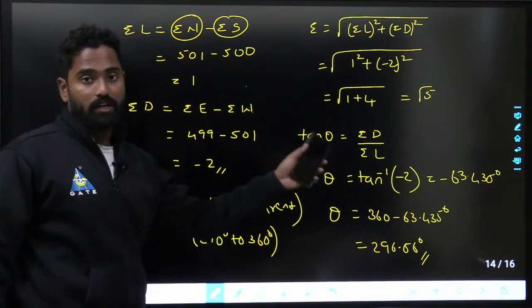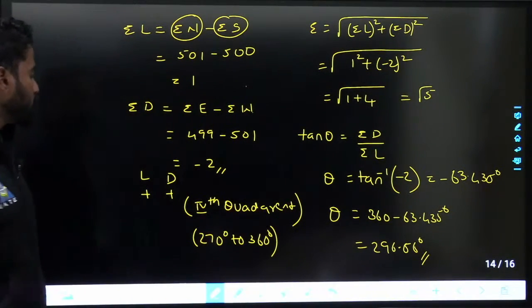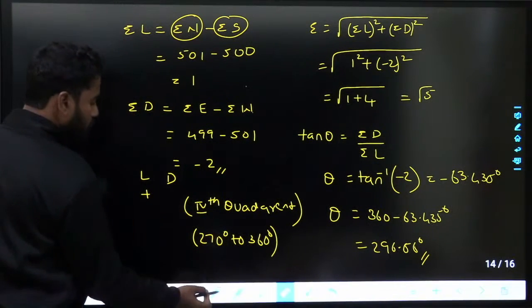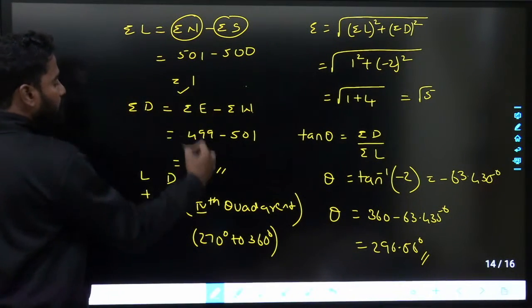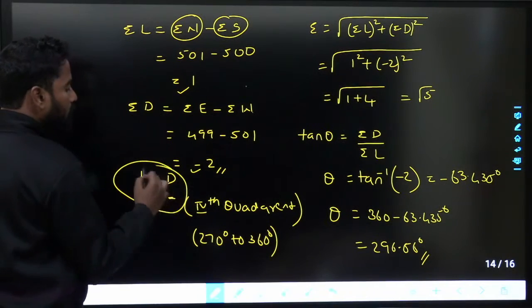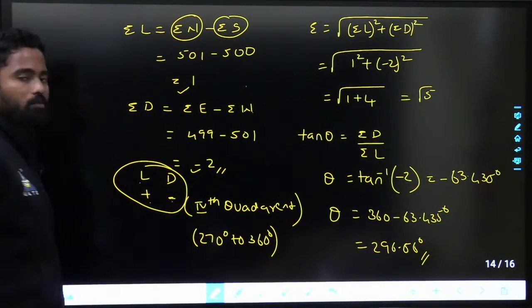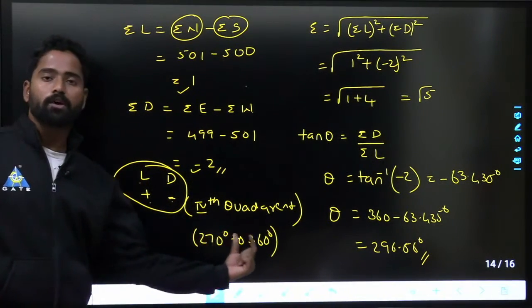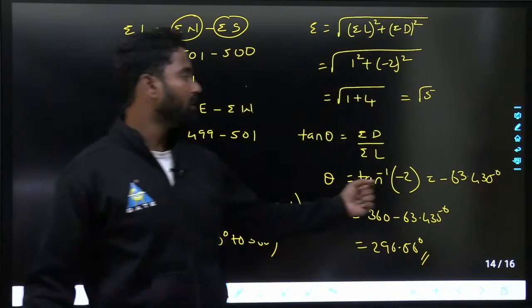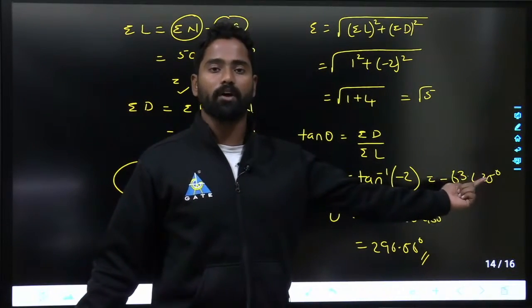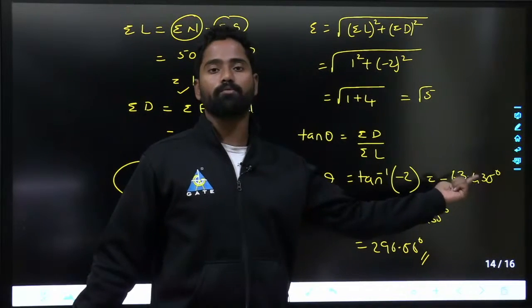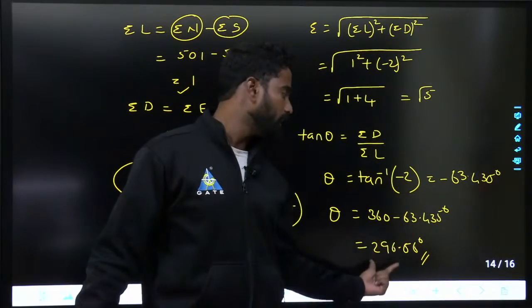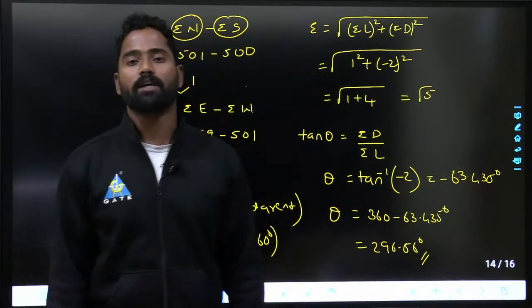Be very much clear. That's why I said you have to see the summation of latitudes and departures. Summation of latitudes is positive, departure is negative, which means the error is in the fourth quadrant, 270 to 360 degrees. So directly don't go with 63.435. In the fourth quadrant, it means it is 296.56 degrees.